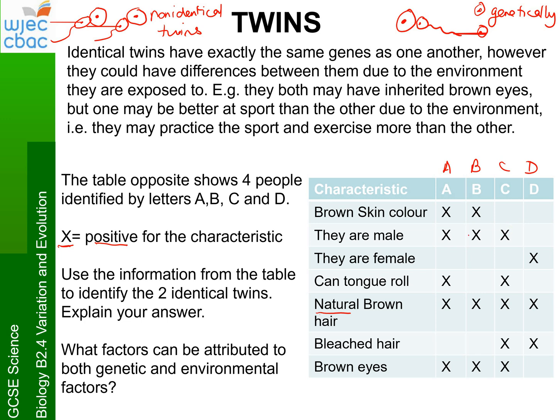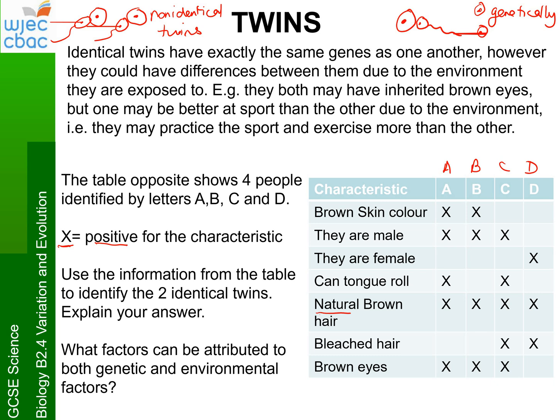The reason why C is the twin of A, they're both male, they can both tongue roll, they both have natural brown hair, but C has bleached their hair, they both have brown eyes. The only difference is the skin colour of A and C, and perhaps A has been on holiday and got a tan. Skin colour is determined by both inherited features, but also environmental as well.